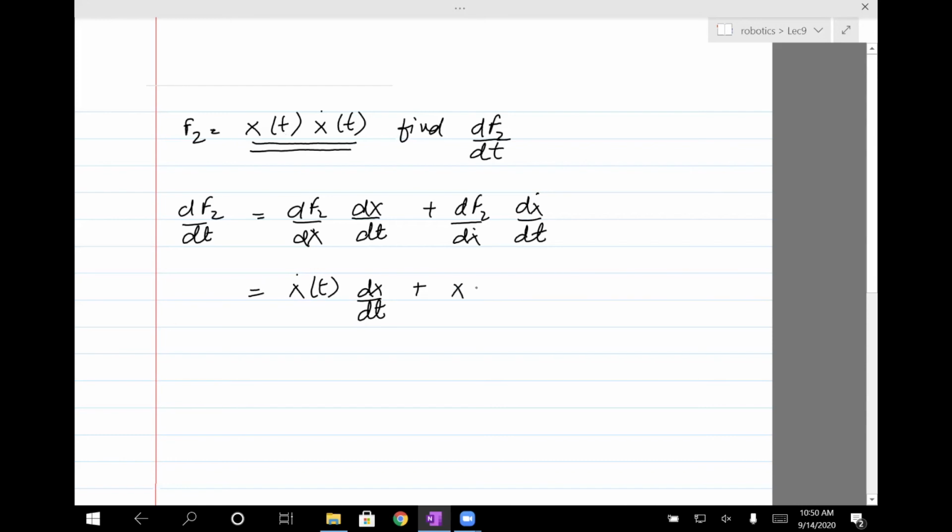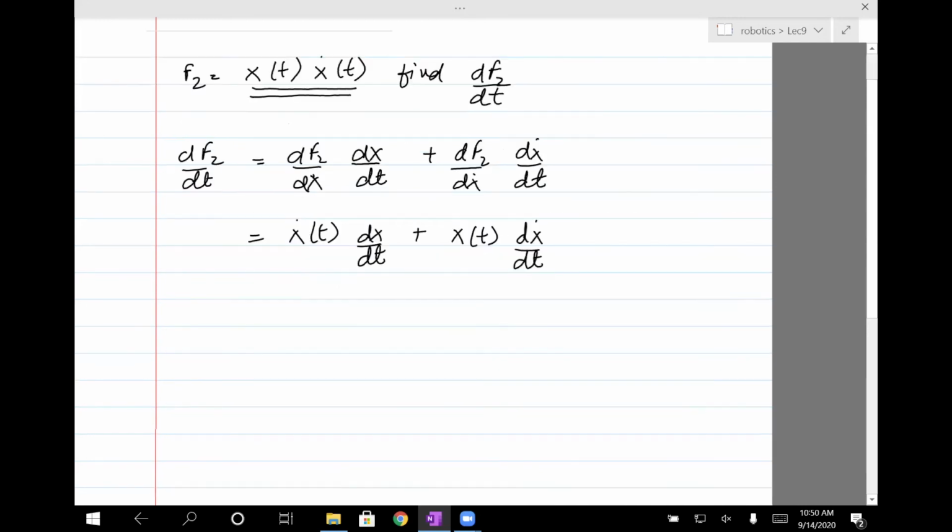So we'll have x of t, and then the second term remains the same. One step away from finishing this, x dot times x dot is simply x dot squared for the first term, and the second term is x times x double dot. So the final answer is df2/dt equals x dot squared plus x times x double dot. So that's the answer.